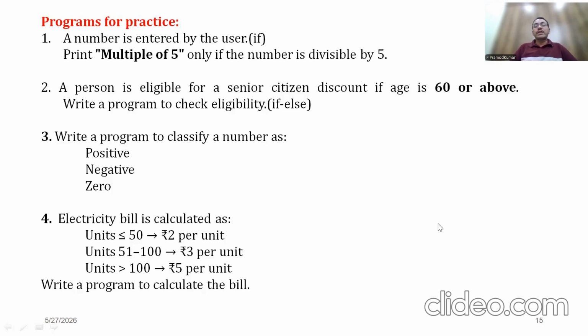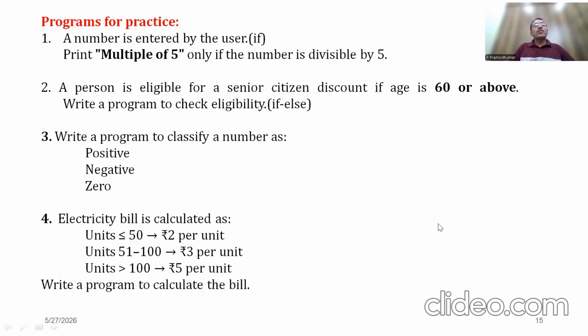Then coming to the second example, a person is eligible for a senior citizen discount if the age of that person is 60 or above. For that, write a program to check his eligibility. So here he may be eligible or not. So as it is a true false case, we will be going with if else.